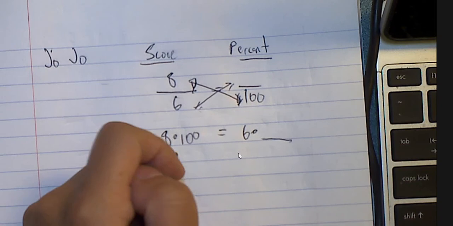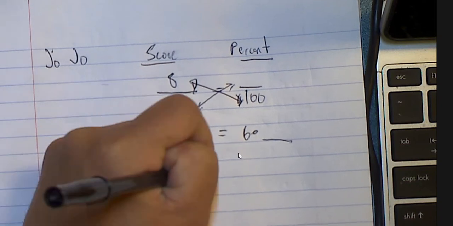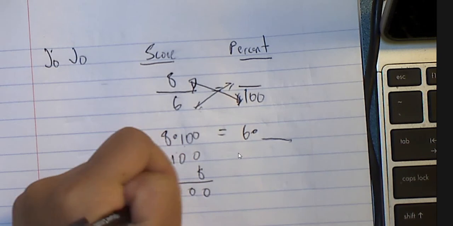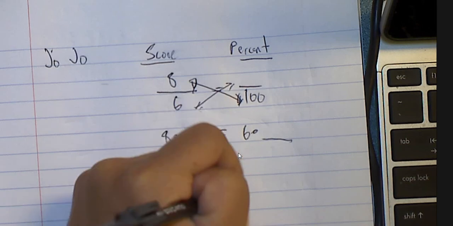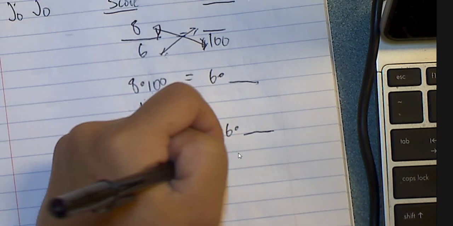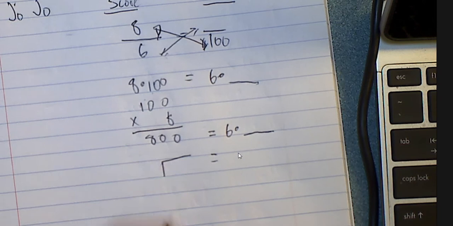8 times 100, that gets me, I'm going to show my work. 8 times 0 is 0, that gets me 800. Now, I'm going to rewrite my blank 6 times this blank. Now, I have to make my division house. Whatever I just multiplied goes inside my division house.